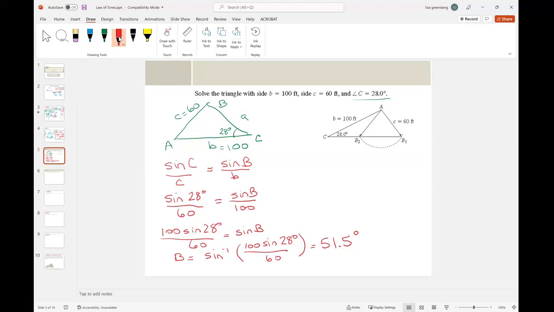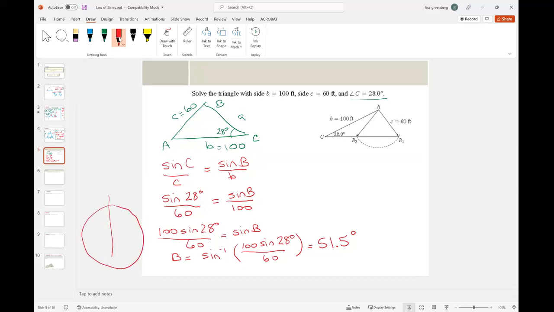Okay. Now, here's the thing. Remember, if we have the sine of B equals some value, and it is just a number, and we think about our unit circle, I know that in quadrant 1, this is 51.5 degrees, right? And that would give me the right answer, but I get the same exact value because it's sine in quadrant 2, where this is 51.5 degrees.